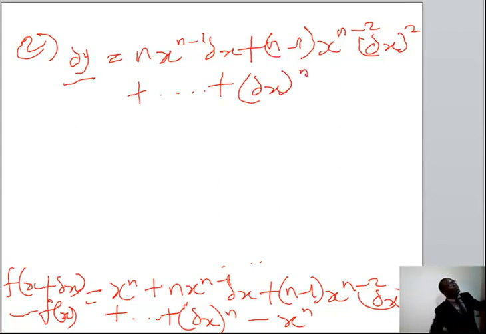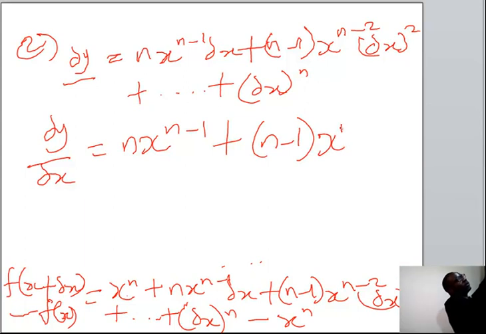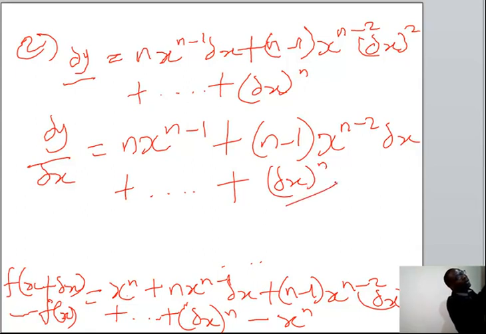Now let us divide all by dx, since that is what we are trying to find the derivative. Now if we divide all by dx, it means we have n x raised to power n minus 1, yes, dx will cancel that one, plus the next term, it will remain only 1 dx, plus this one dx, all over dx.